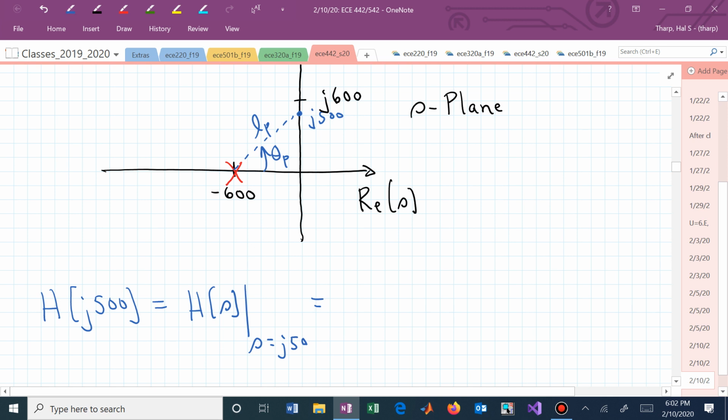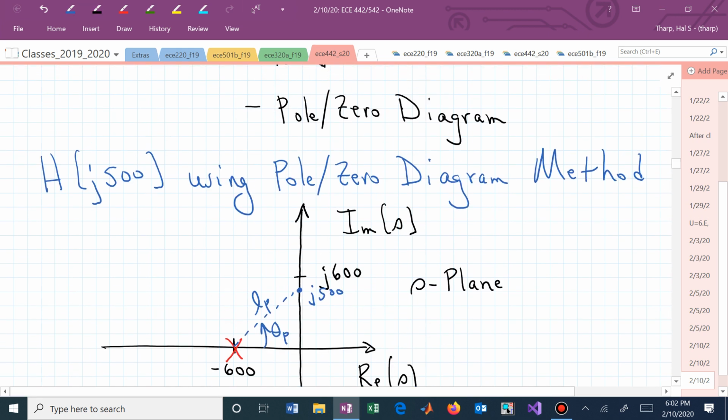And what did we have in the numerator of this transfer function? Let's say now it's in pole zero form. Since that's the diagram that we're creating, we had a numerator of 600 in our pole zero form.